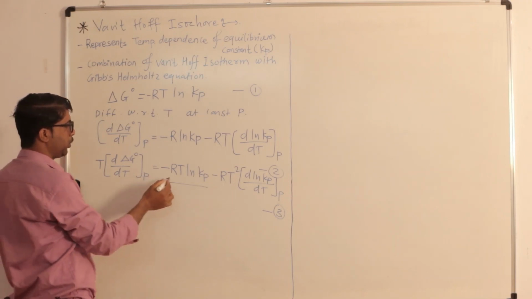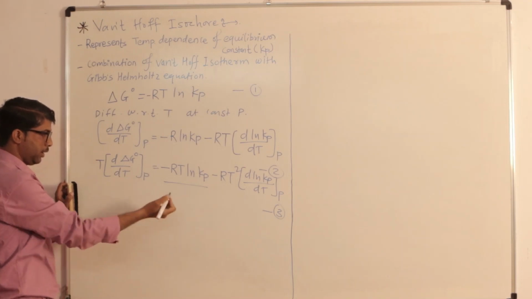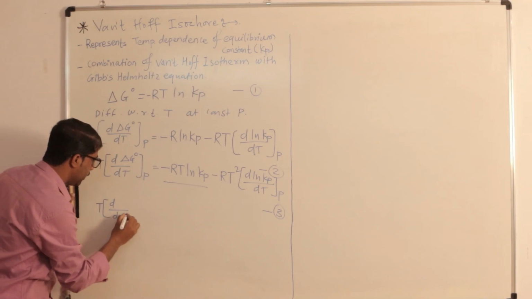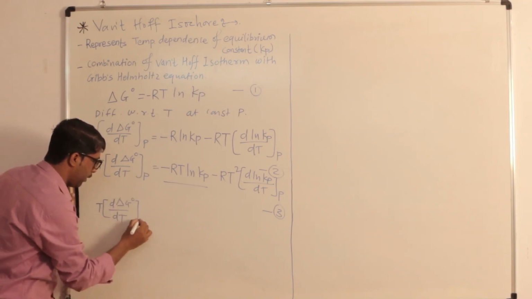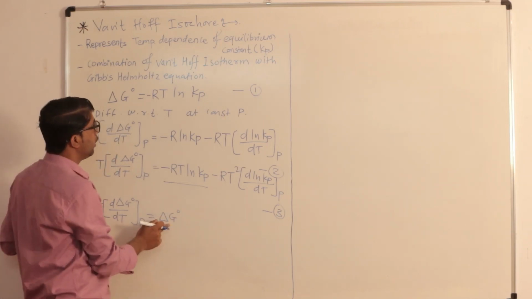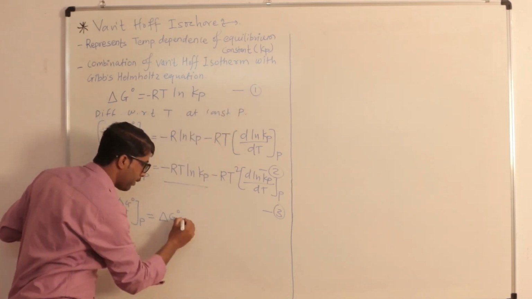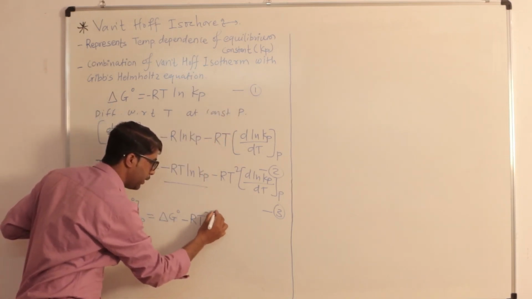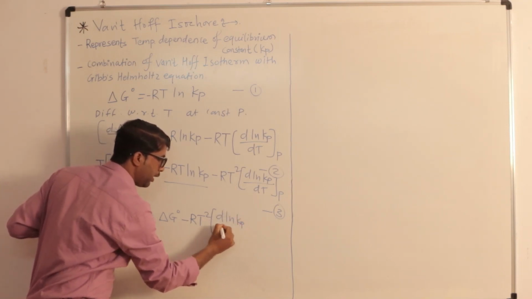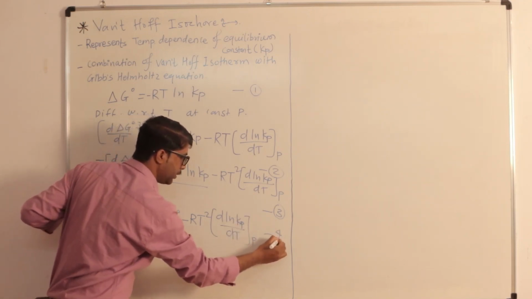So I am going to replace this term with delta G0, and rewrite equation number 3 as T multiplied by d by dT of delta G0 at constant pressure, which is equal to delta G0, according to the van't Hoff isotherm equation number 1, minus RT square times d ln Kp upon dT at constant pressure. Let's say it is equation number 4.